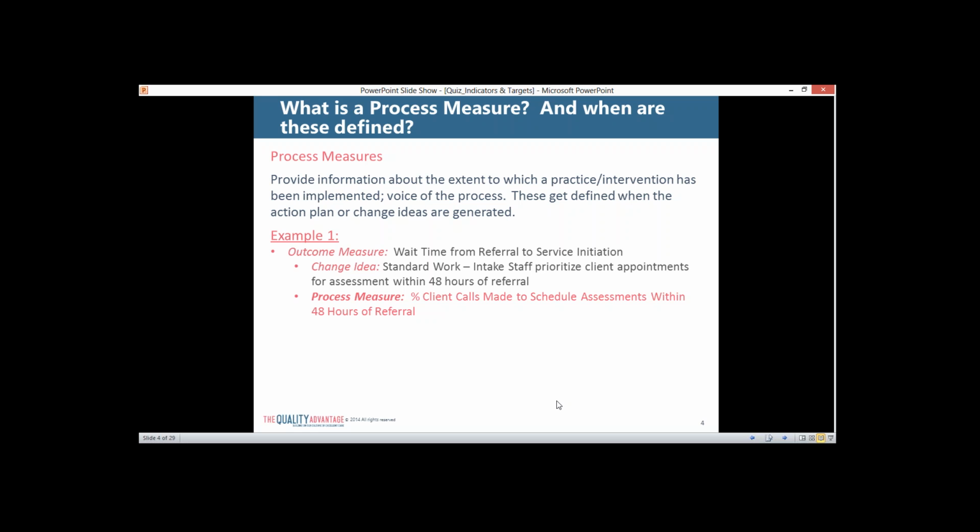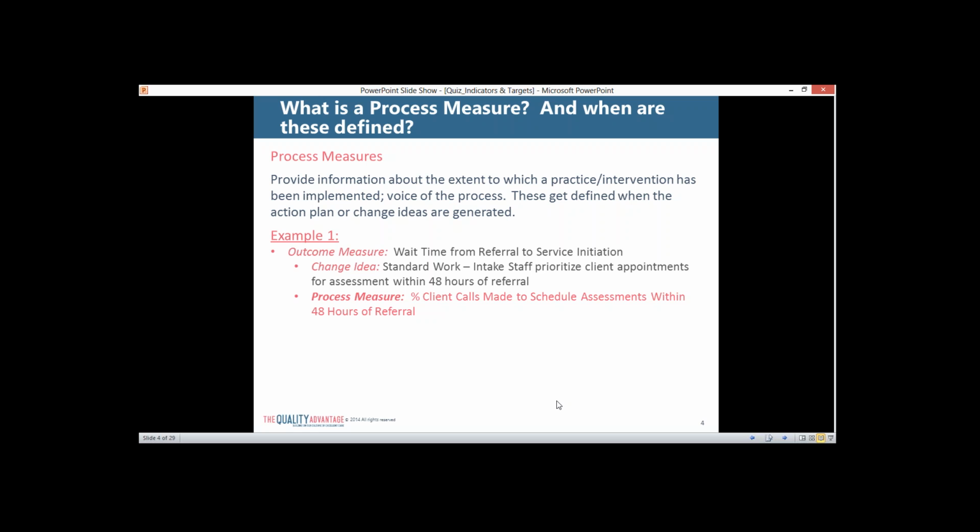Let's say that after a diagnostic session and identifying the root cause of the problem, the team decided to implement a change idea that was basically focused on the concept of standard work, that intake staff would prioritize client appointments for assessment within 48 hours of referral. So whenever a referral comes in, intake staff are required to call patients to make an appointment for assessment within 48 hours of that referral.